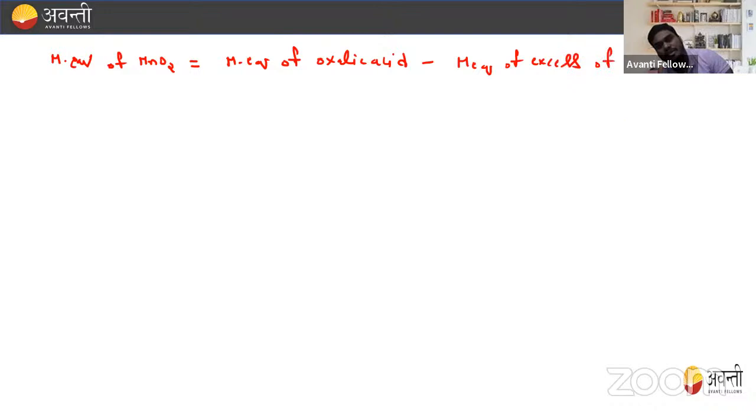How much oxalic acid is in excess, right? So it is equal to how much, beta? The molar equivalent of oxalic acid is 1 into 50, minus 32, which is equal to 18, right? So this is the molar equivalent of MnO2, which is equal to 18.